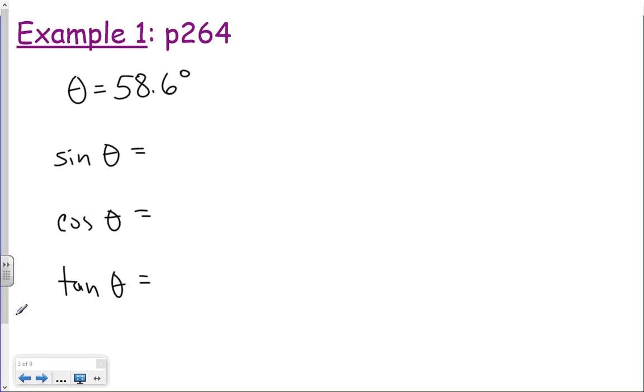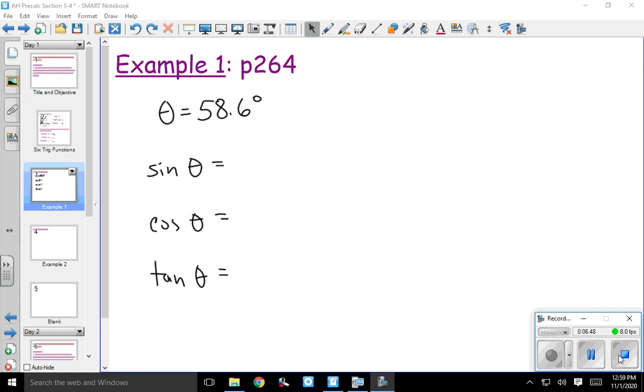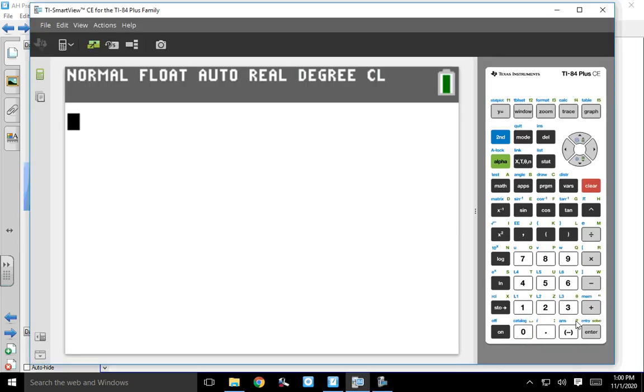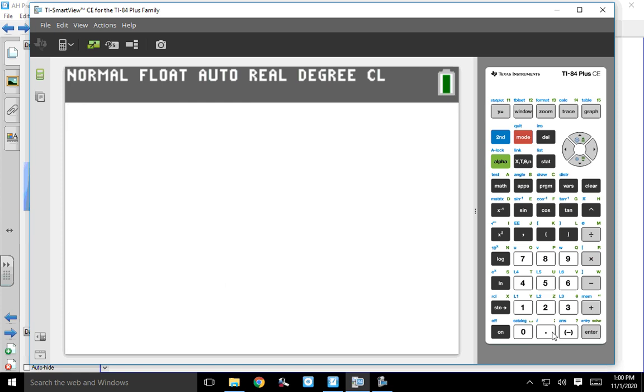So grab your calculator. All right, so with your calculator then, you got to make sure that you are in degree mode. If you're not in degree mode, go to your mode menu and switch over to degree down here from radian to degree. And we want to evaluate each of these trig functions at 58.6 degrees, was the number they gave us here.